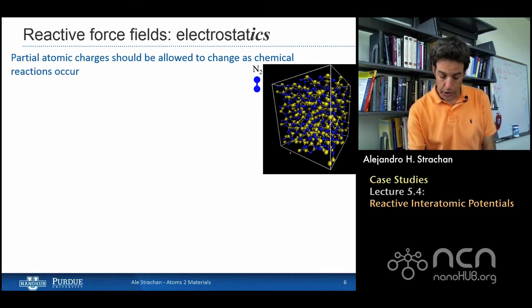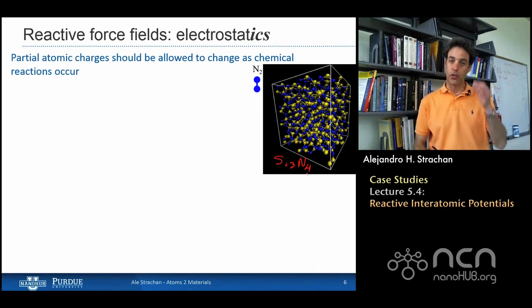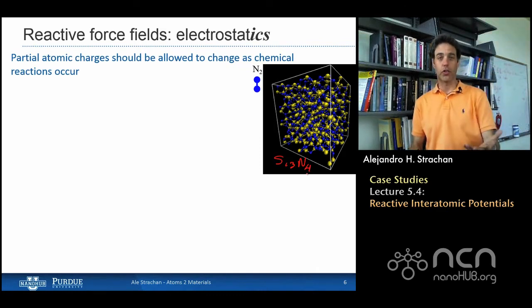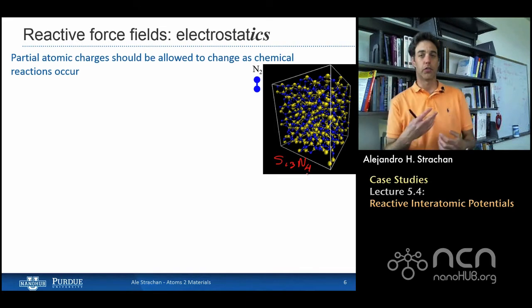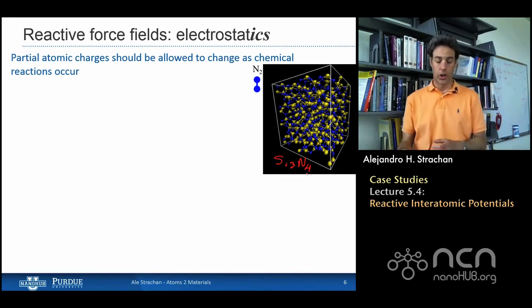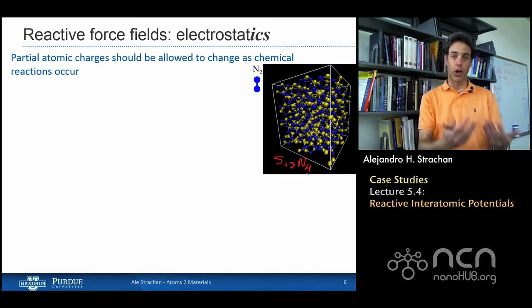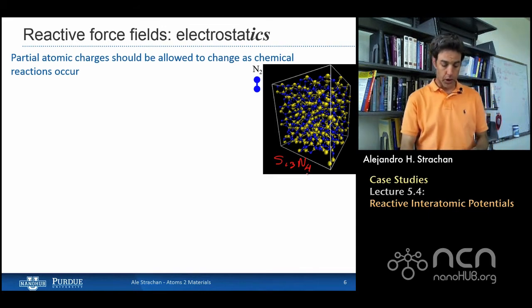For example, here's a picture of a silicon nitride amorphous sample. Of course, if I have an N2 molecule, each atom will have 0 charge. In silicon nitride, there's going to be a little bit of charge transfer between silicon and nitrogen atoms. So I need to allow for that to occur.